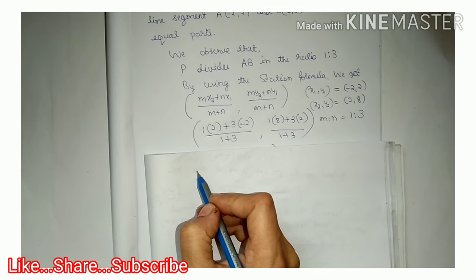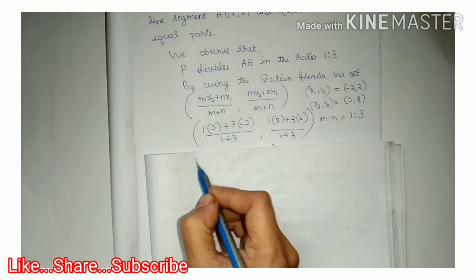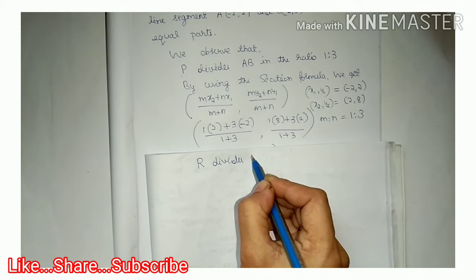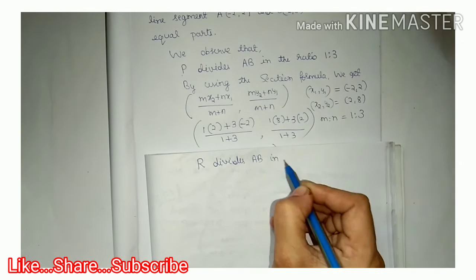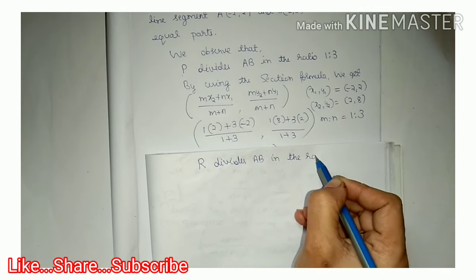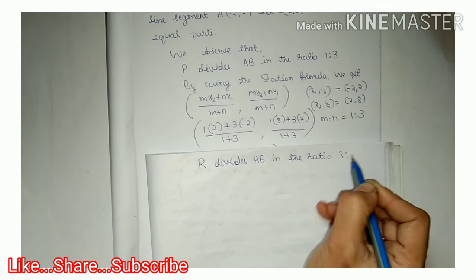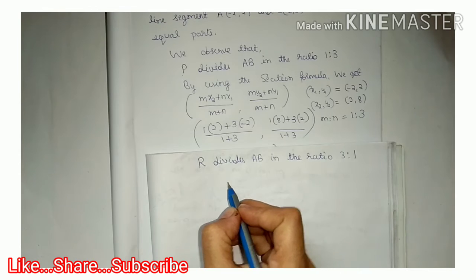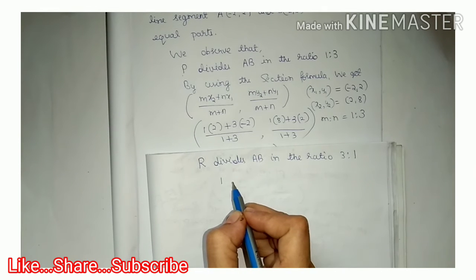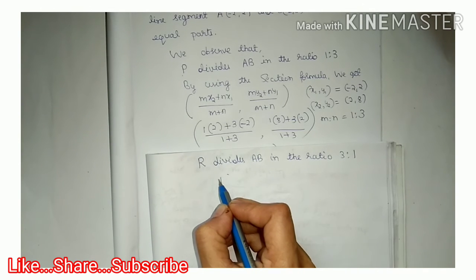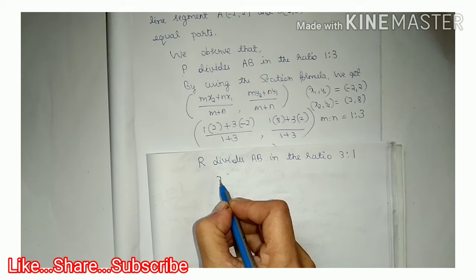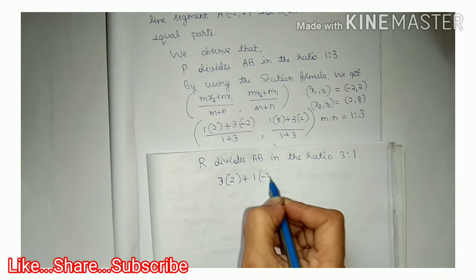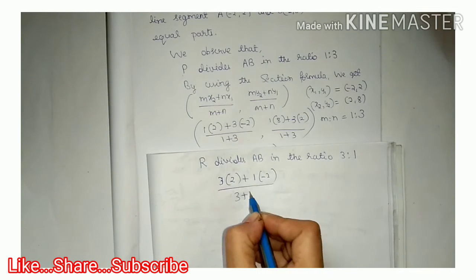Coordinates of R. Point R divides line segment AB in the ratio 3:1. By using the section formula we get, m:n is 3:1, m + n is 3 + 1.